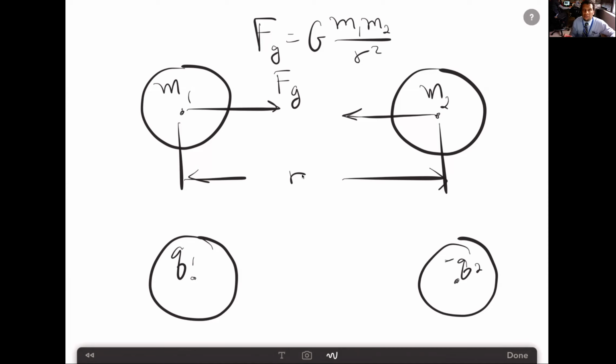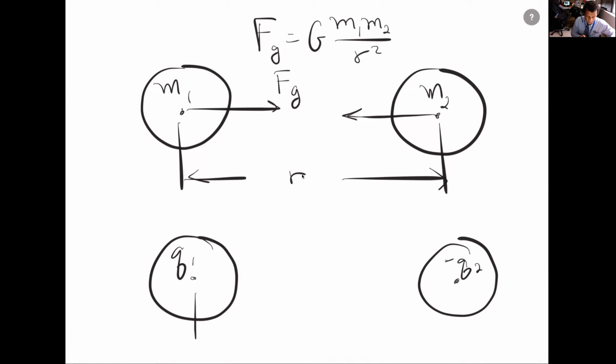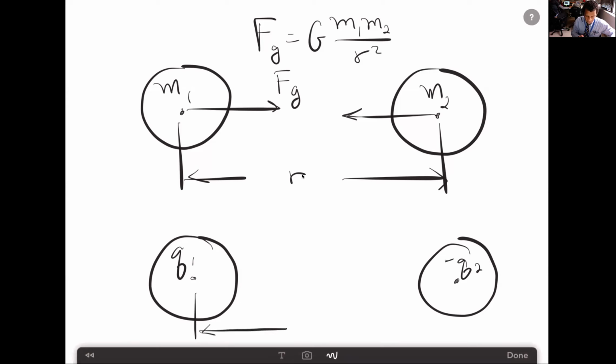Charges that are alike will repel, so two negative charges are going to repel, and two positive charges are going to repel as well. The distance of separation between their centers is represented by R, and the force acting on one another I'm going to call F sub Q. So guess how this formula is going to look.